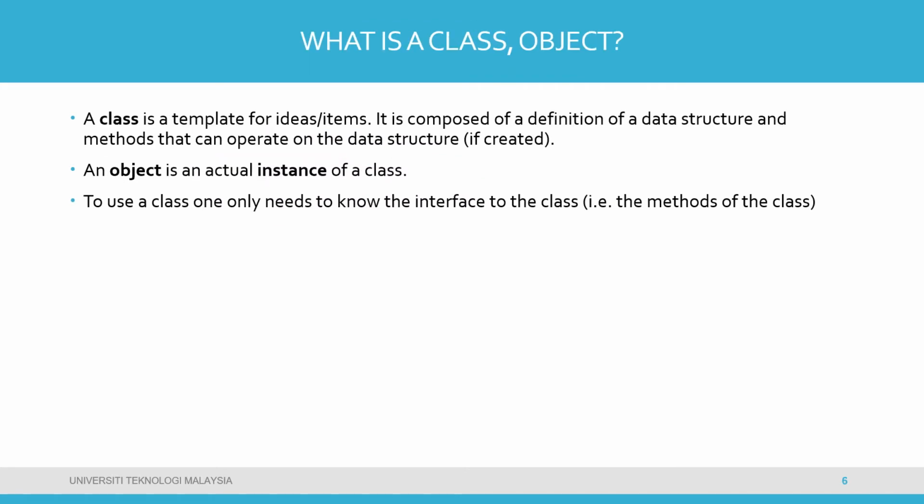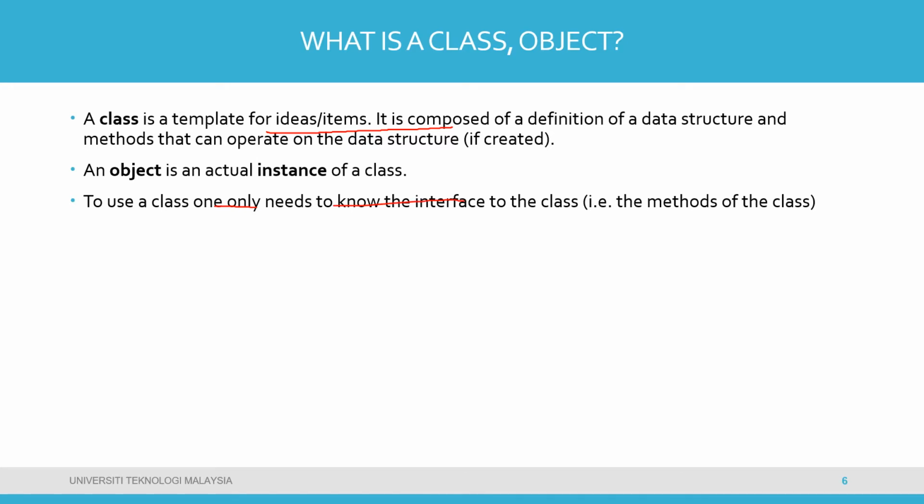So what is a class and an object? Remember that a class is a template for an idea or item. It is composed of the definition of a data structure and methods that operate on the data structure. An object is an instance of the class.